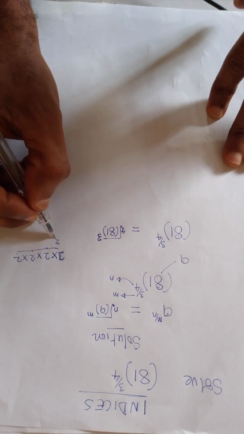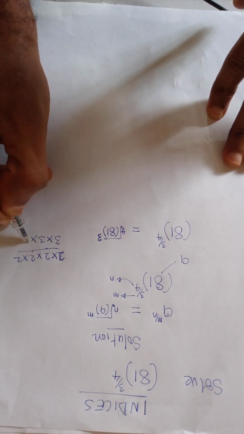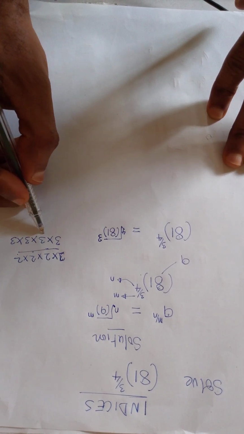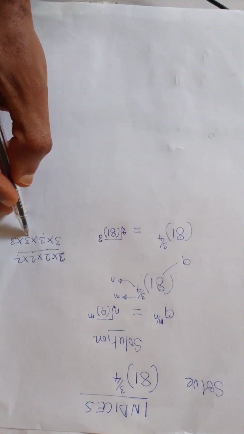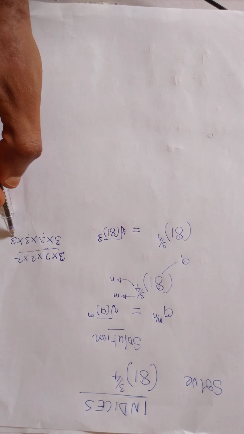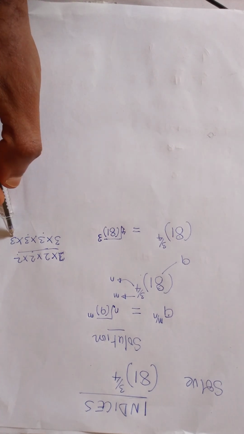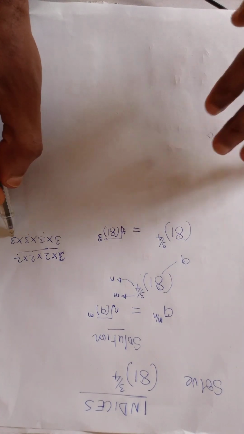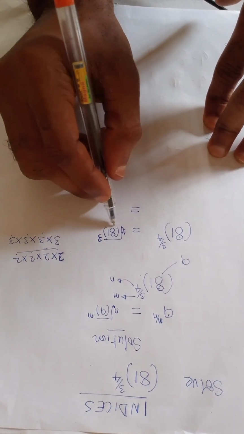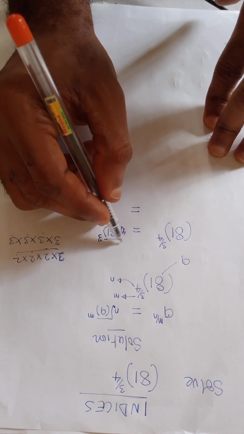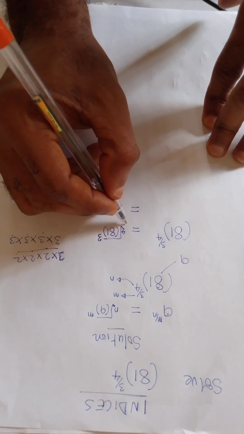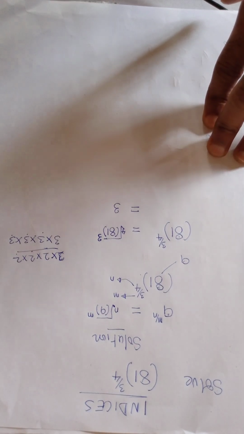So let's take 3. 3 times 3 times 3 times 3, since we are dealing with fourth roots. 3 times 3 is 9. 9 times 3 is 27. 27 times 3 will give us 81. Which means 3 is the fourth root of 81. So in solving this, since the fourth root of 81 is 3, we have 3.